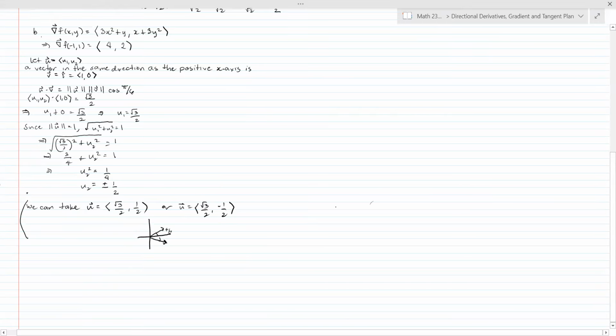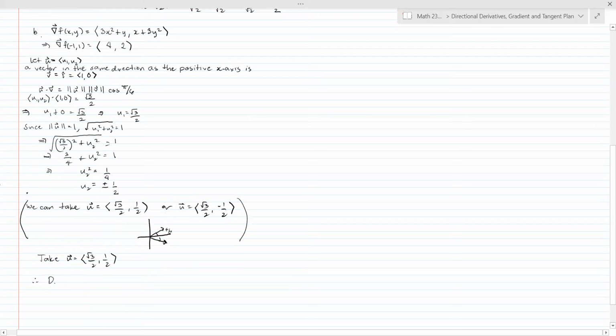So let's say we took u to be (square root of 3 over 2, 1/2). So nasa-satisfy niya na this is a unit vector making an angle pi over 6 with the positive x-axis. Now therefore, ang directional derivative ng f at, ano yung point natin here?